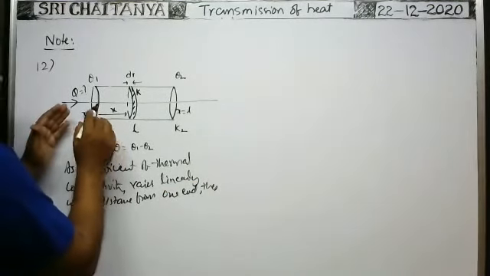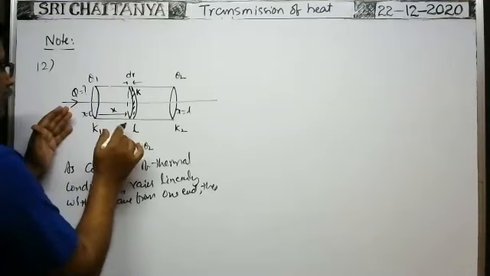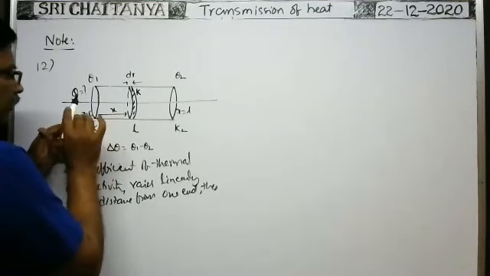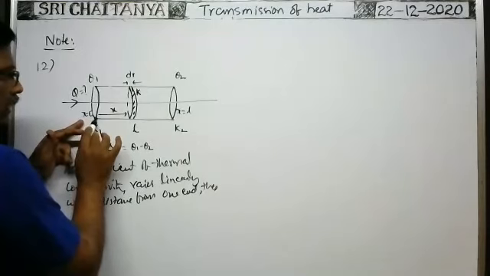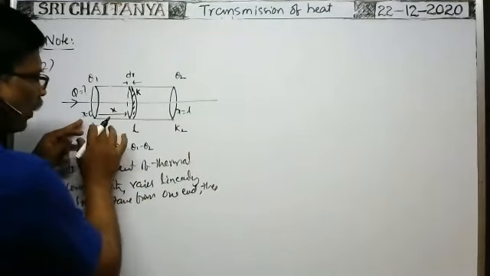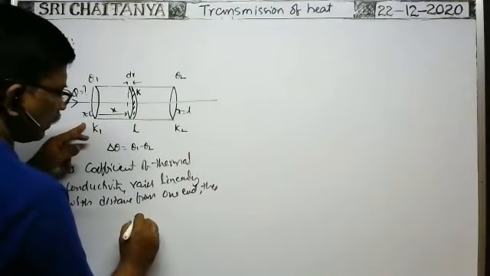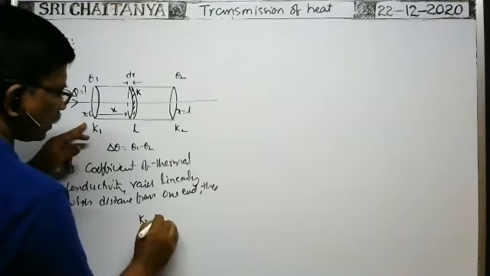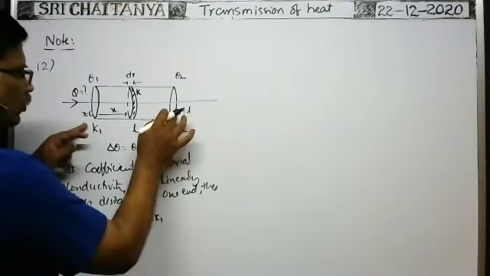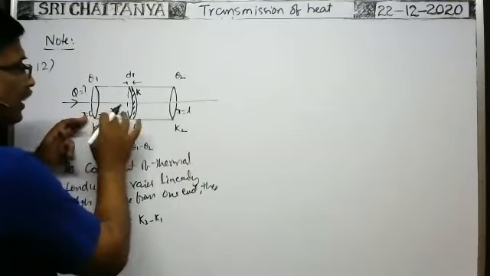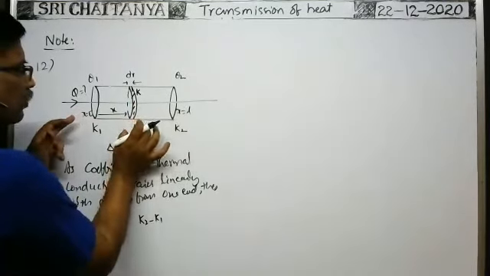As the coefficient of thermal conductivity varies linearly with the distance, at this end the coefficient of thermal conductivity is K1, at this end K2. So what is the increase in coefficient of thermal conductivity? Final minus initial, K2 minus K1, is the increase for this much length.